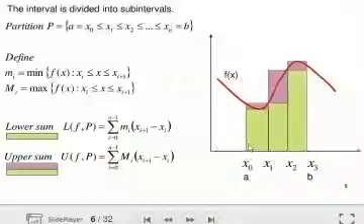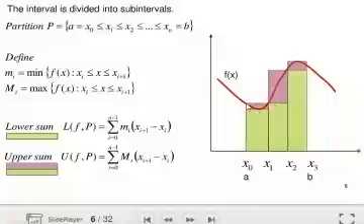And if you consider this subinterval, the maximum value of the function is near here, right? So this rose color rectangle gives you the area.